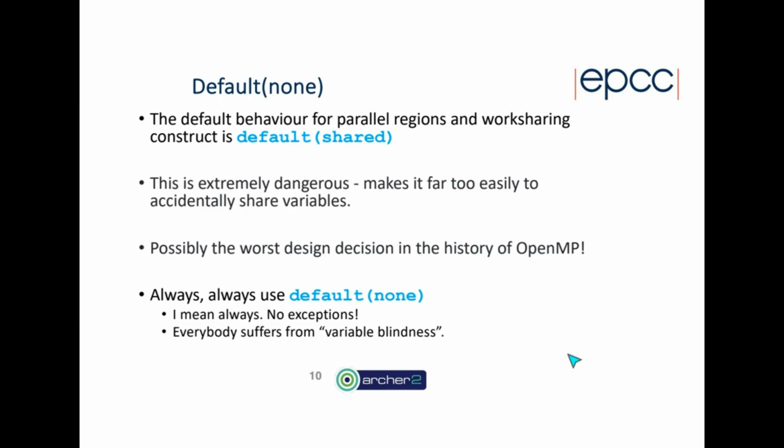And this is possibly, at least in my opinion, the worst design decision that was made in OpenMP. It's actually really dangerous. It makes it far too easy to accidentally share variables and have race conditions.